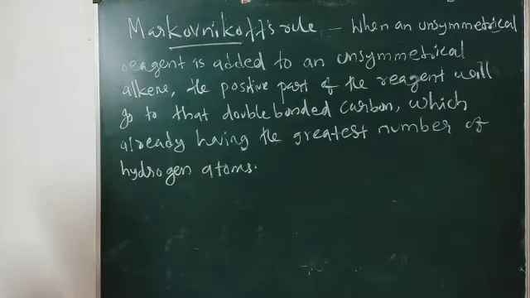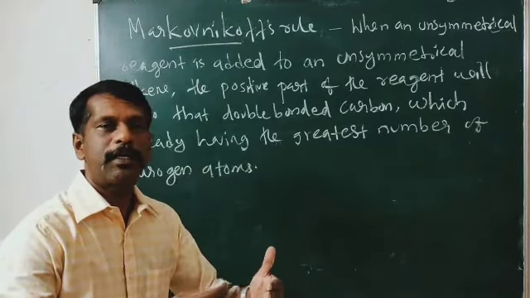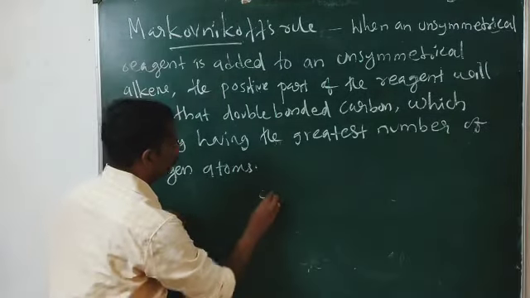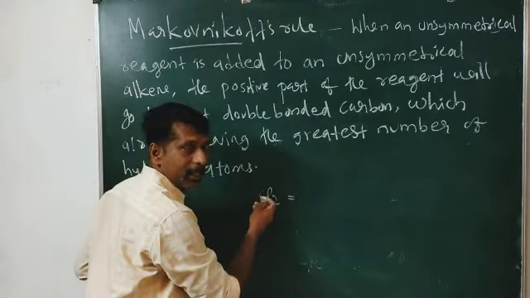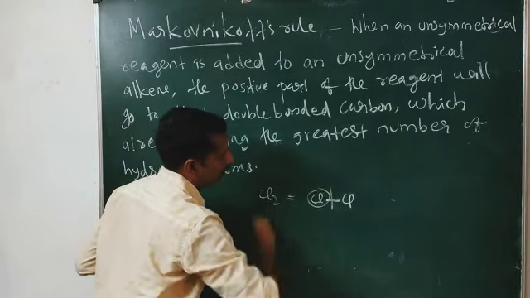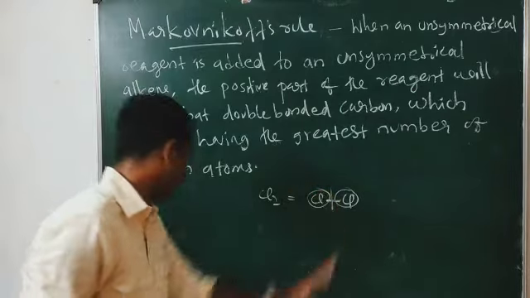When an unsymmetrical reagent, what do you mean by unsymmetrical reagent? See, the first reaction was addition of halogen. Addition of halogen means Cl2, that means Cl Cl. This is a symmetrical reagent. This side also Cl, this side also Cl. So this is not unsymmetrical.